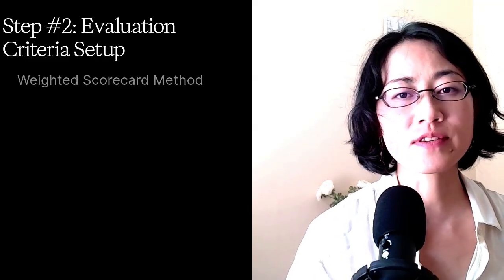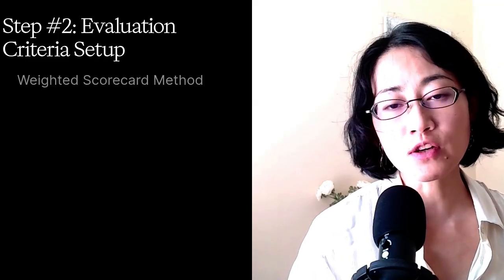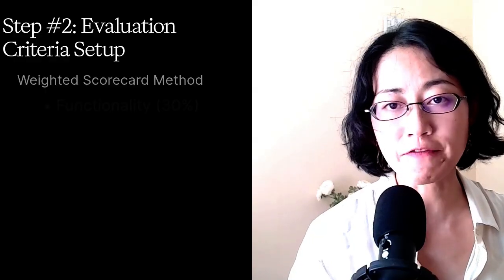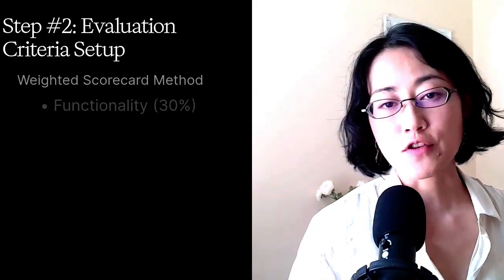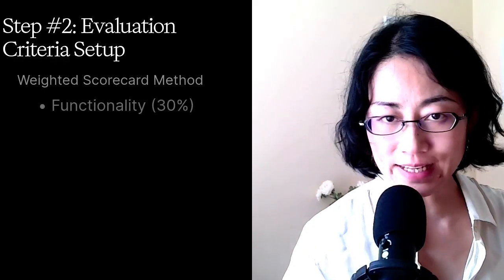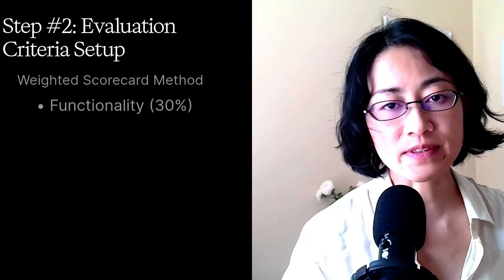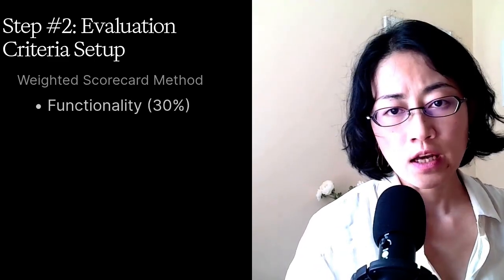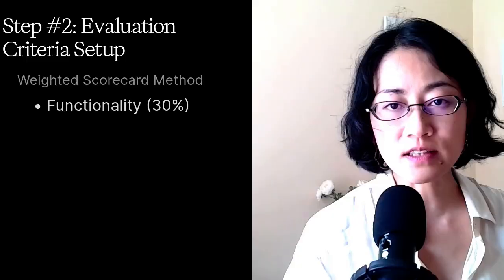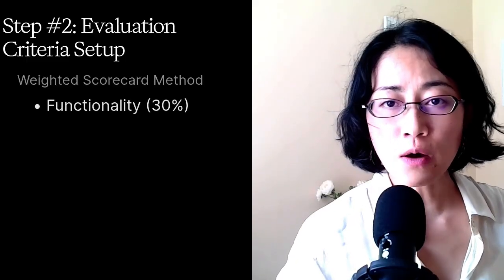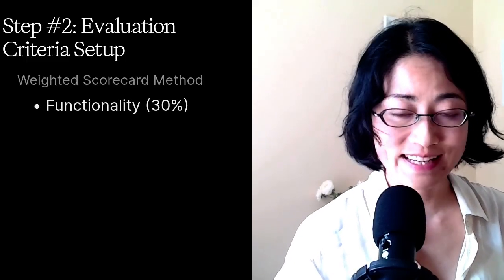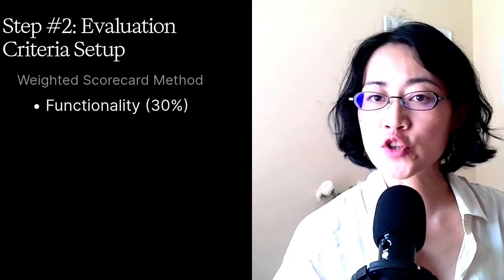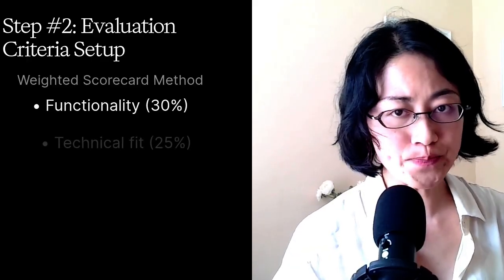Based on my previous experience, I will normally group the KPIs into 5 different groups. First, functionality. I will put 30% weight on the scoring. This includes whether the solution solves the real problem, how the user interface works, is it convenient, and do we have any onboarding issues?